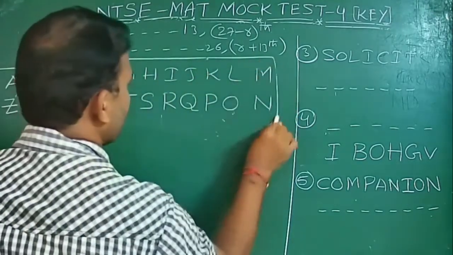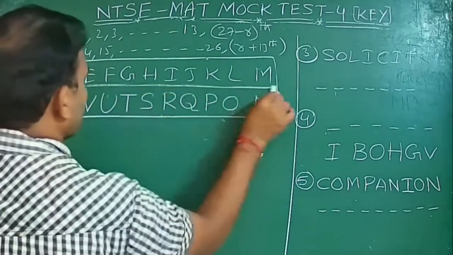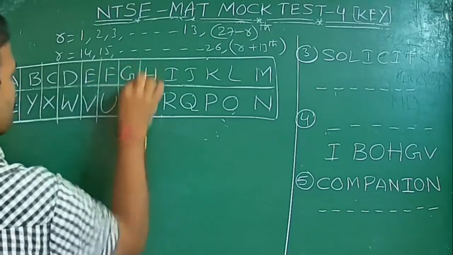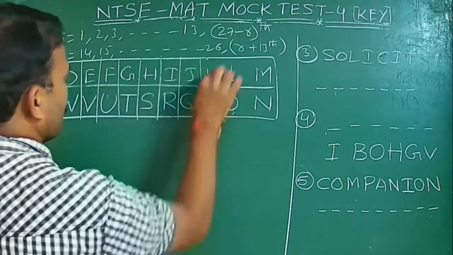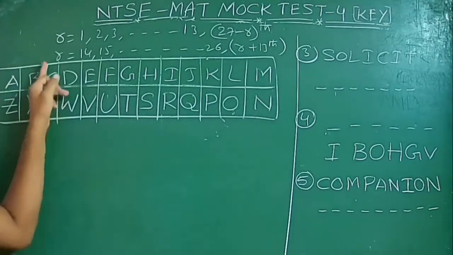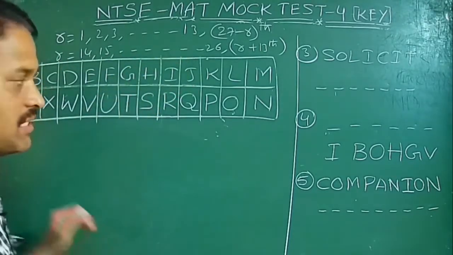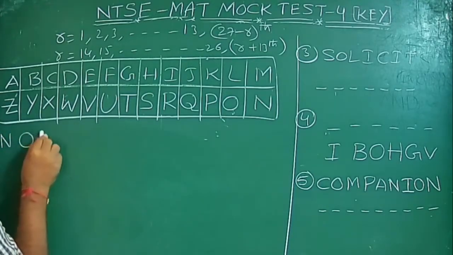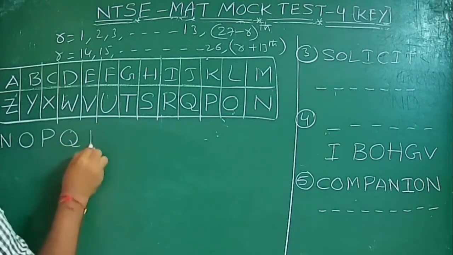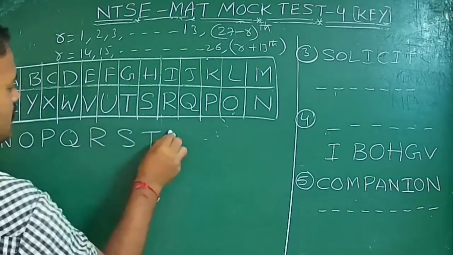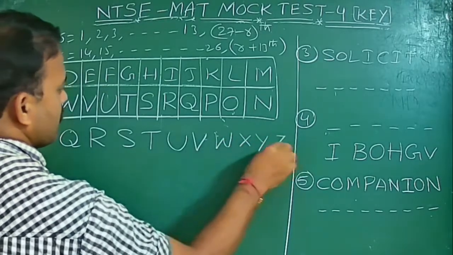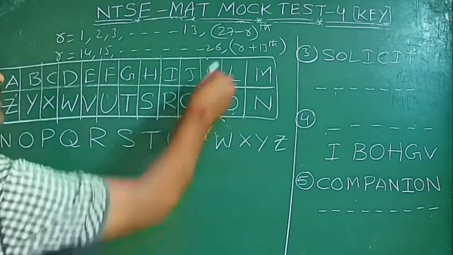So this is one form, if you are using 27 minus R. Similarly, next R equals 14 to 26. First, what is 14? 14 is N only. N, O, P, Q, R, S, T, U, V, W, X, Y, Z. But here what is the code?